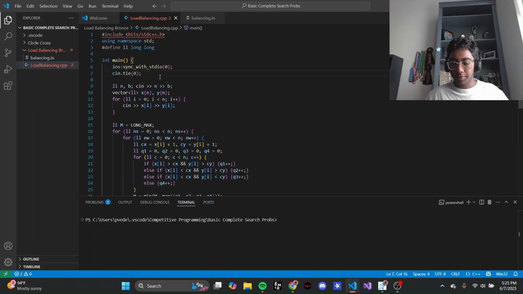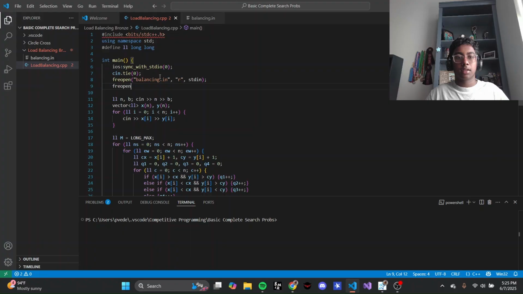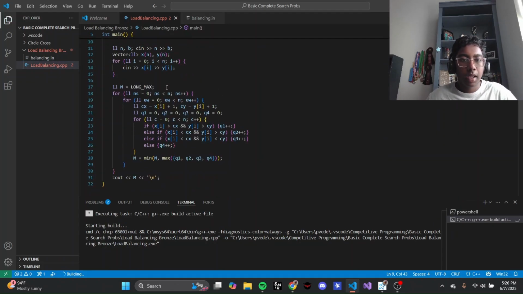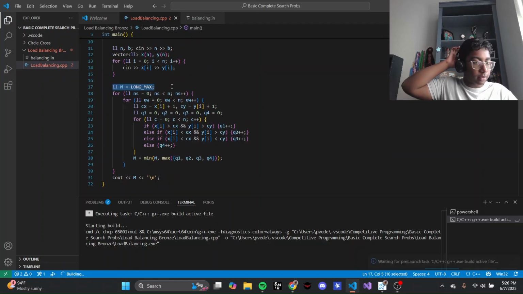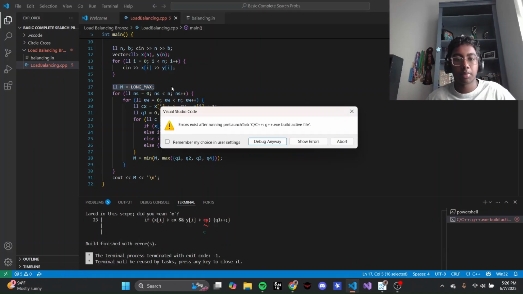Balancing dot in, read stdin, balancing dot out. Here we can put our file. And long max should be enough for this problem, for when we're initializing m, because the bounds for this problem are pretty small.